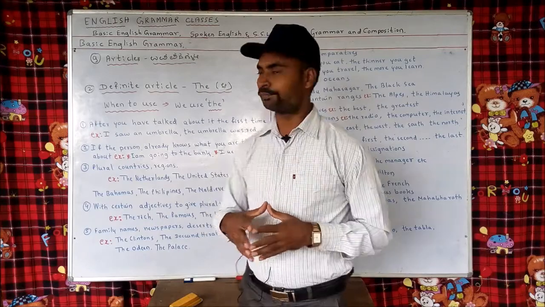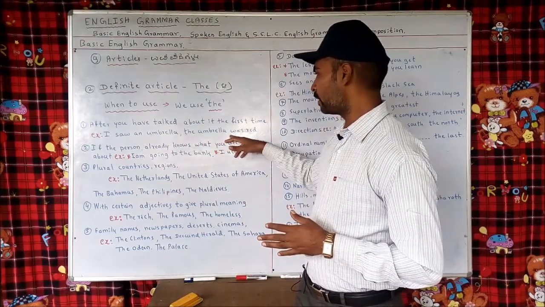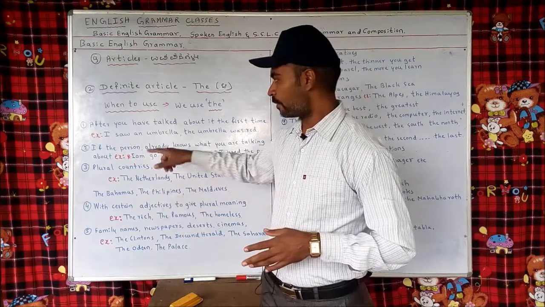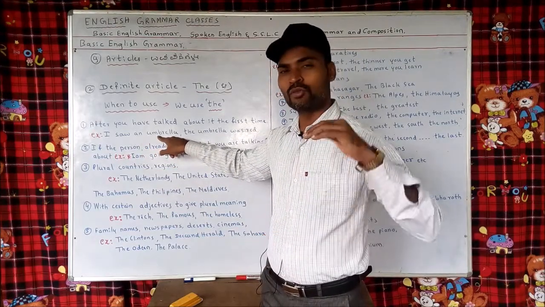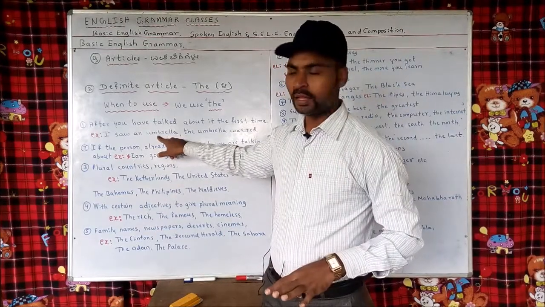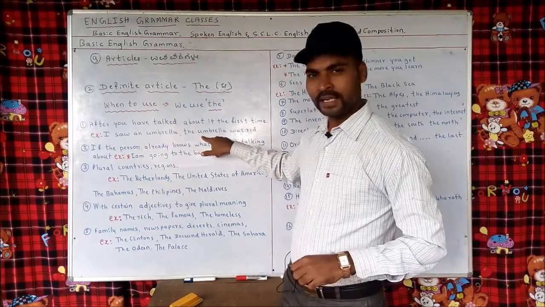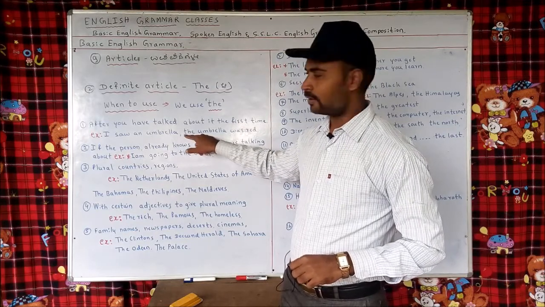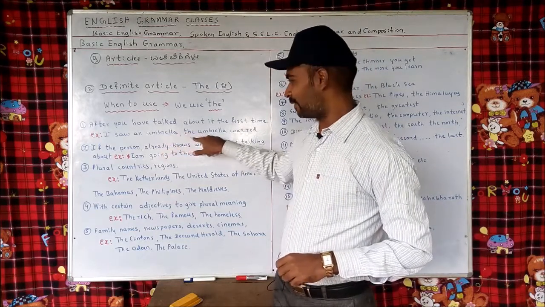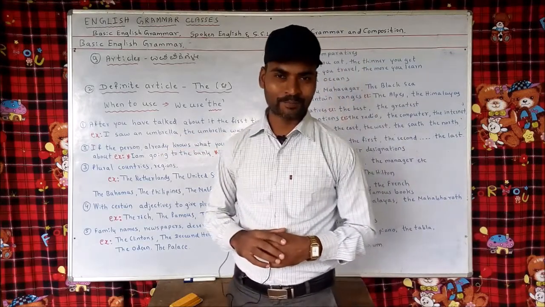For example, I saw an umbrella, the umbrella was red. First time you use the indefinite article, an umbrella, meaning one umbrella you saw. When you are talking about the same object a second time you must use the. I saw an umbrella, the umbrella was red.